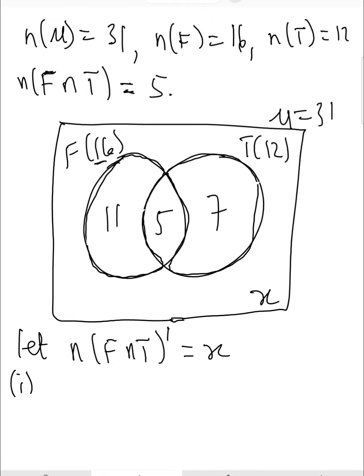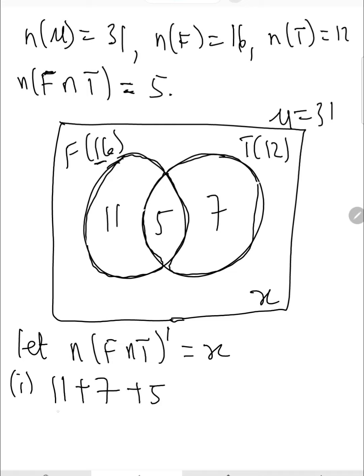We are talking about only two games, which are football and table tennis. So for a person to play at least one game, either the person is playing football, or the person is playing table tennis, or the person is playing both games.